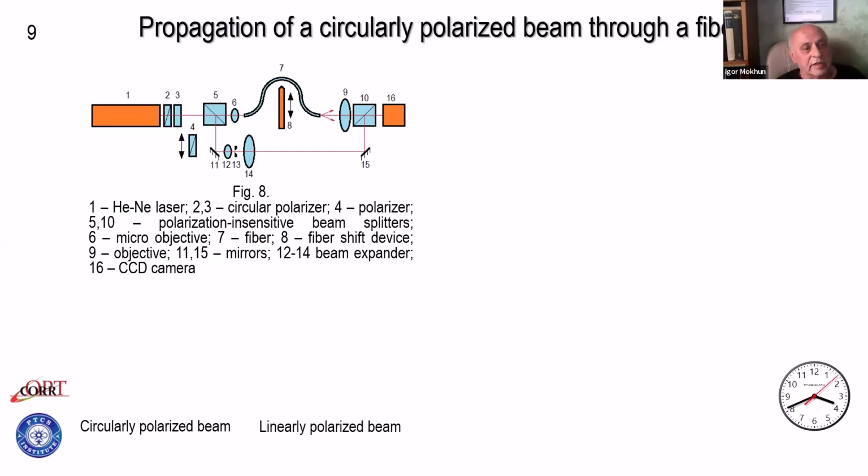In contrast, the movement of the fiber during the passage of a circularly polarized beam, due to the action of the conservation law of angular momentum, should lead to some phase change at the output of the fiber. The interference pattern should at least shift.